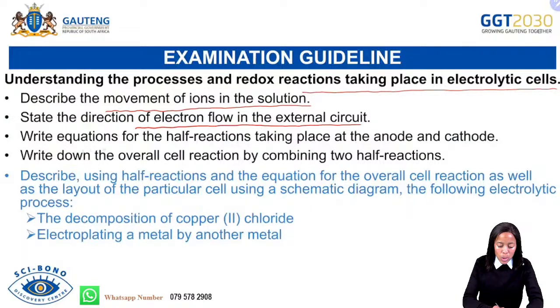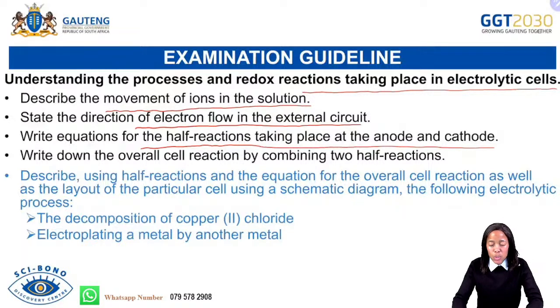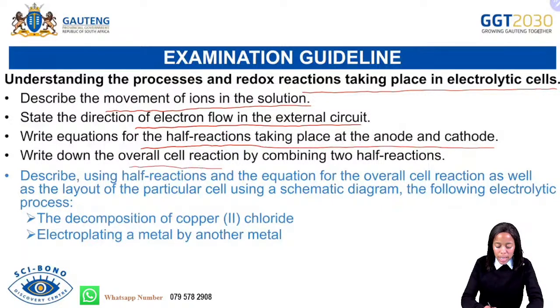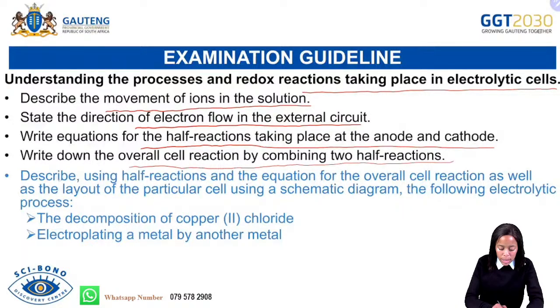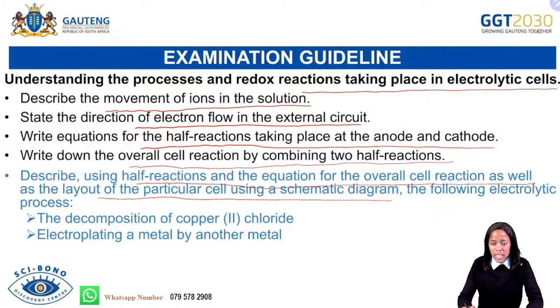Then we need to know how to write half reactions that are taking place at the anode as well as at the cathode. Then we need to write down the overall cell reaction, by combining the two half reactions. Then it says describe using half reactions and the equation for the overall cell reaction as well as the layout of the particular cell using a schematic diagram.